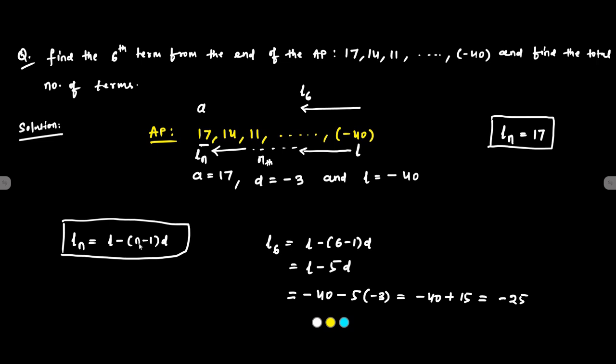When we use the equation a plus n minus 1 d, for Tn we use the last term to determine the value of n. When we use this equation, we'll be using the first term, A is equal to Ln, that is equal to L minus n minus 1 d. We'll use this to find out the total number of terms using this equation. So let us do that.